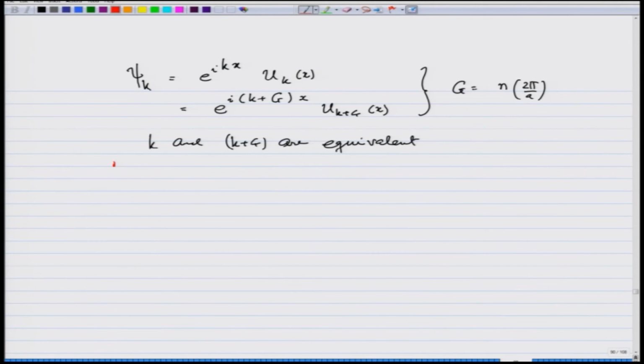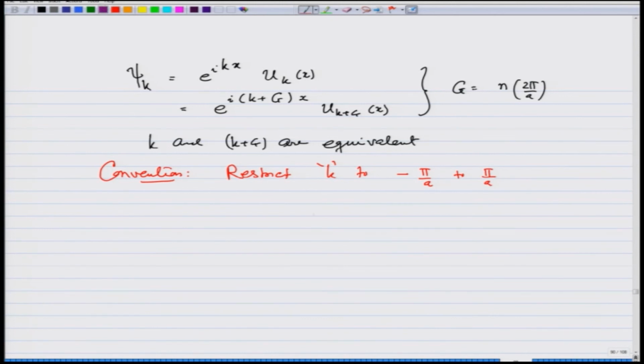So, the convention we follow is to restrict k to minus pi by a to plus pi by a.